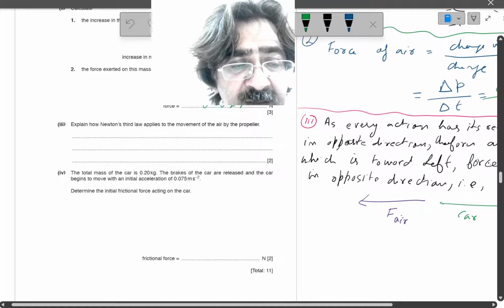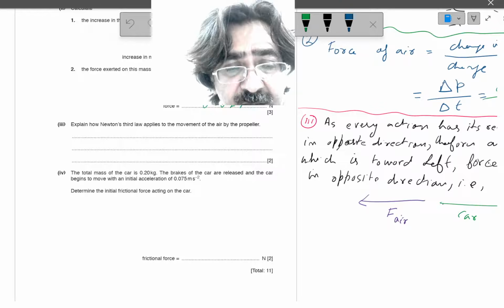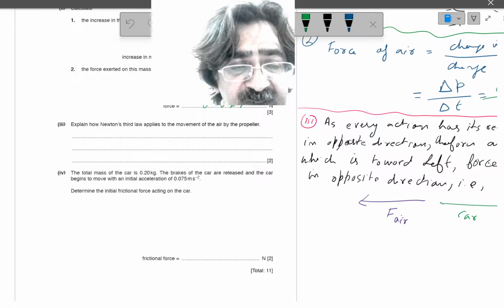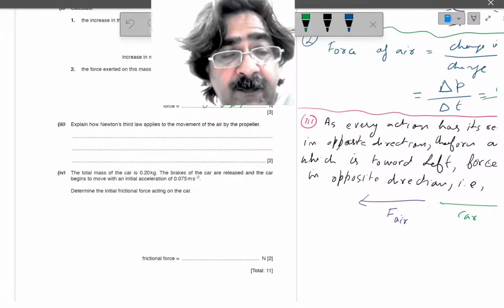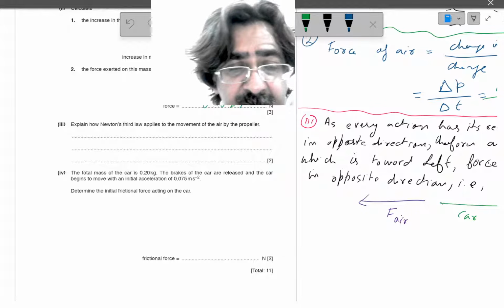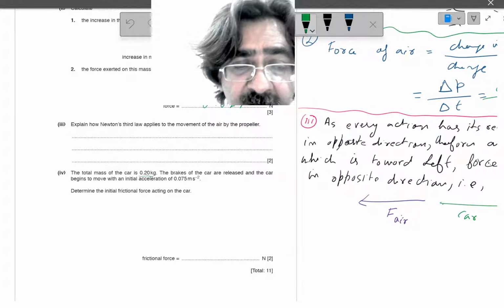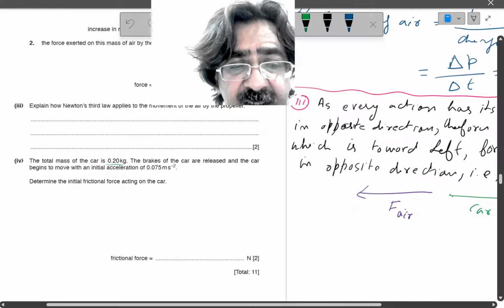So the fourth part is the total mass of the car, which is 0.2 kg. Firstly, that was about the air. Now it's about the car. The brakes of the car are released.